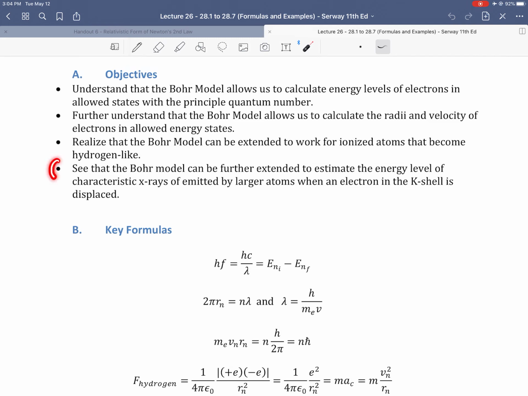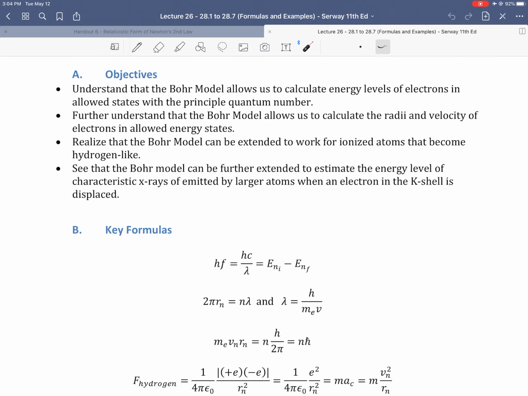But that said, there's one other practical use of the Bohr model, and that is to see that the Bohr model can be further extended to estimate, the key being estimate here, the energy levels of characteristic X-rays emitted by larger atoms when an electron in the K shell is displaced.